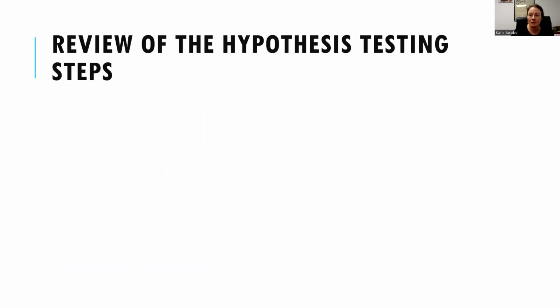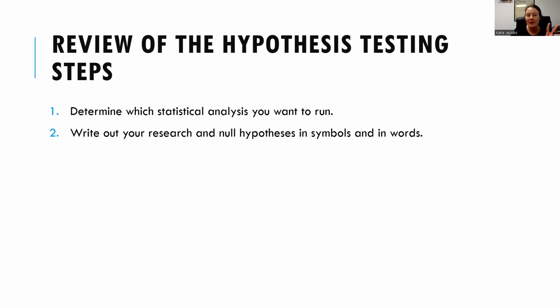All right, so now that we made it through that, let's practice by reviewing the hypothesis testing steps. What's our first one? First one is determine which statistical analysis to run. What's our second one? We're going to write out our research and null hypotheses in symbols and in words. What's our third one?